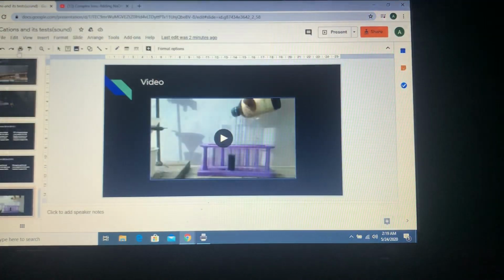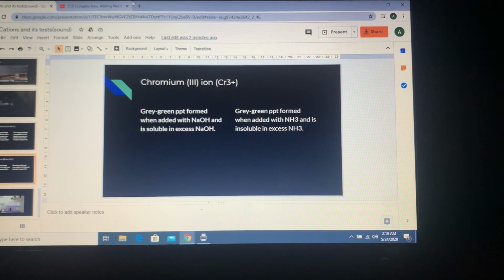So the one with the NaOH will not dissolve. My bad. The one with the NaOH will dissolve, and the one with the NH3 will not dissolve.